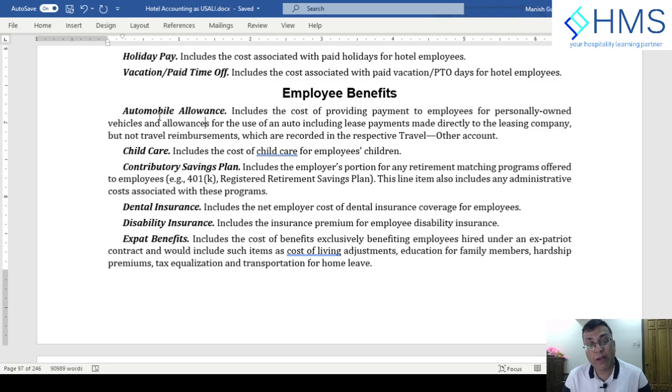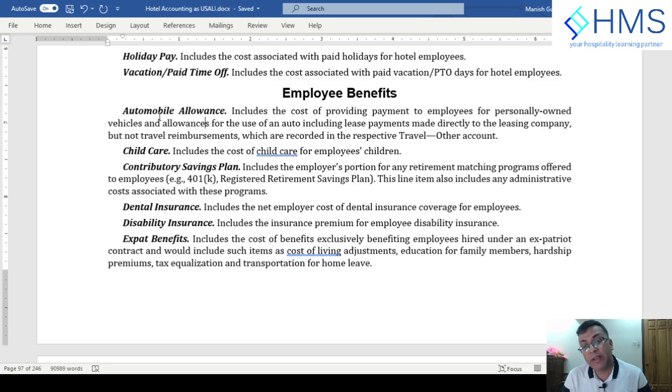Then you have expatriate benefits. The expatriate will normally get a house, a cost of living adjustment, education for their family members, hardship premium, tax equalization, or transportation for the home leave. Those costs will be included in the expatriate benefits.